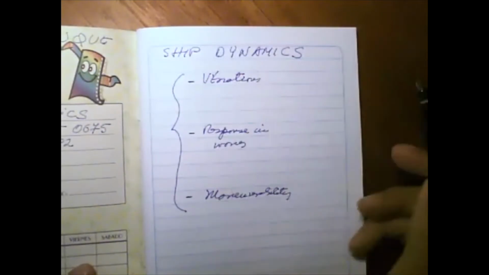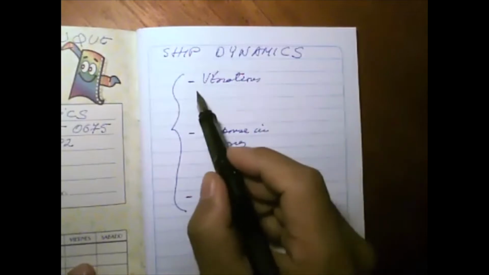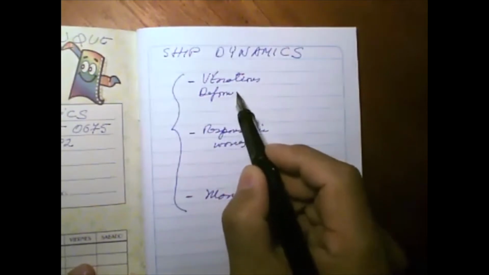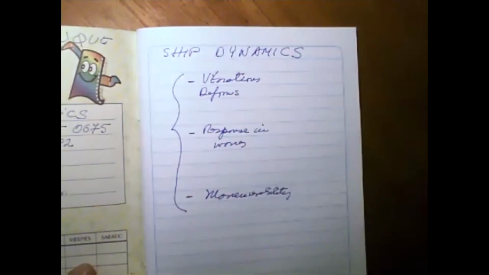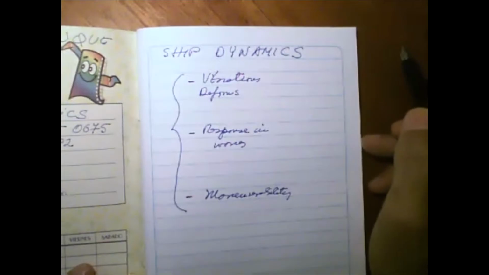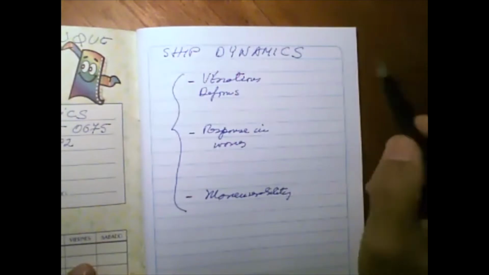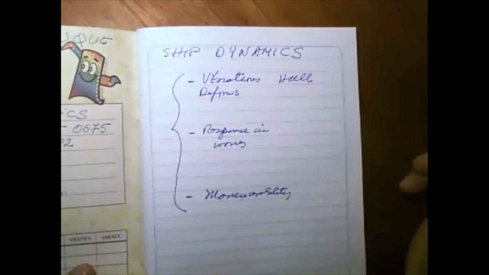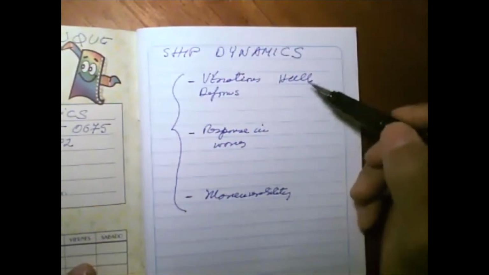In the case of ship vibrations, that means that something deforms. For example, we study the deformation, the vibration of the hull. The hull vibrates, which means that the hull deforms.